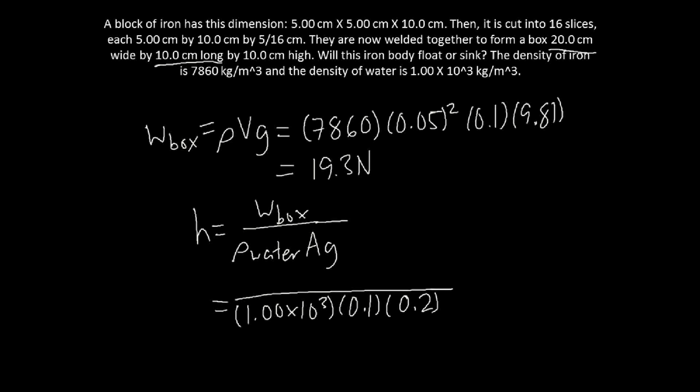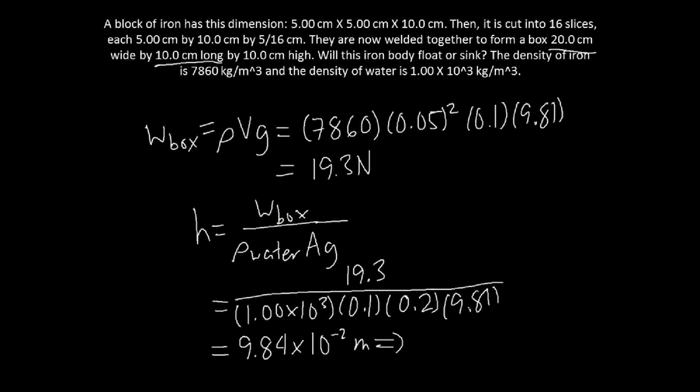Okay, so we assume that you already know dimensional analysis. And then of course the gravity, that is 9.81 meters per second squared. And the weight of the box is equal to 19.3 newtons. So our final answer for this problem will be 9.84 times 10 raised to negative 2 meters.